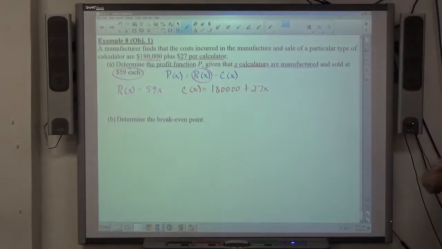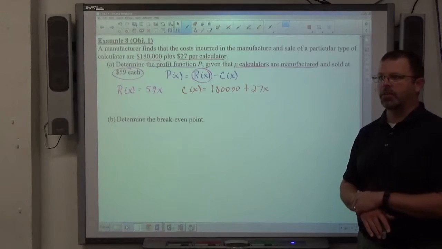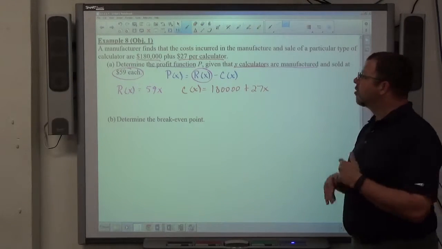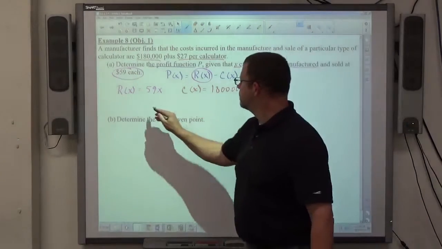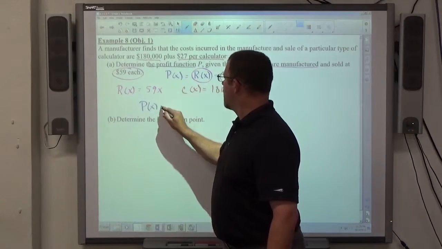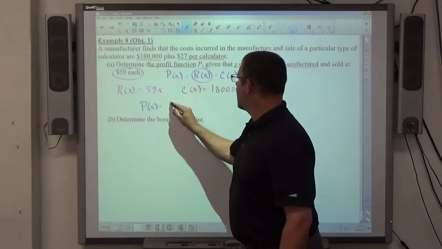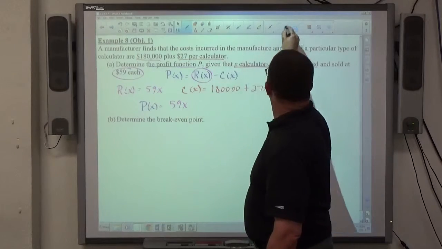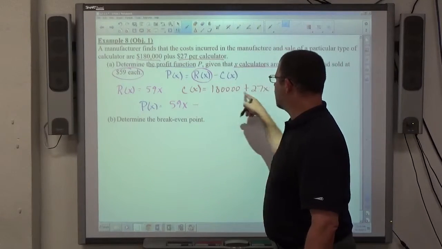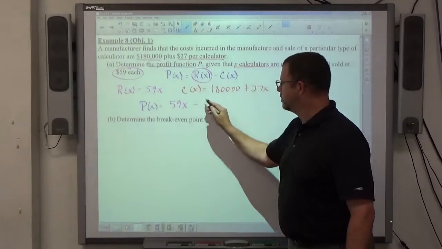So I can get the cost function and revenue function both in terms of this variable X, X representing how many calculators I'm going to make, which creates a profit model. If I take my revenue function, 59X, subtract the cost function, notice the cost function almost always is more than one term.